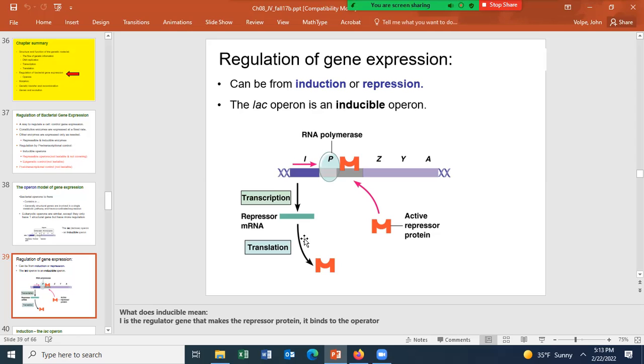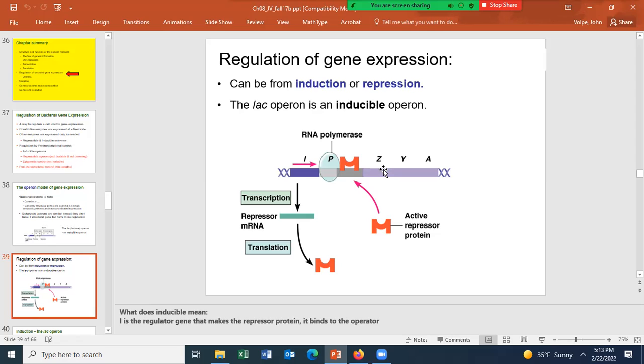So this operon is normally turned off, meaning the lactase enzyme gene is normally turned off. And in order to get the enzyme lactase to be made in a bacterial cell like E. coli, the gene has to be turned on. Any questions about that?